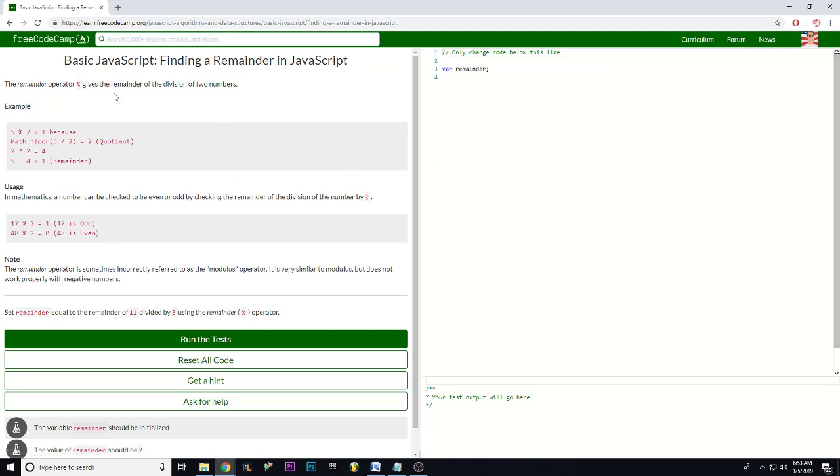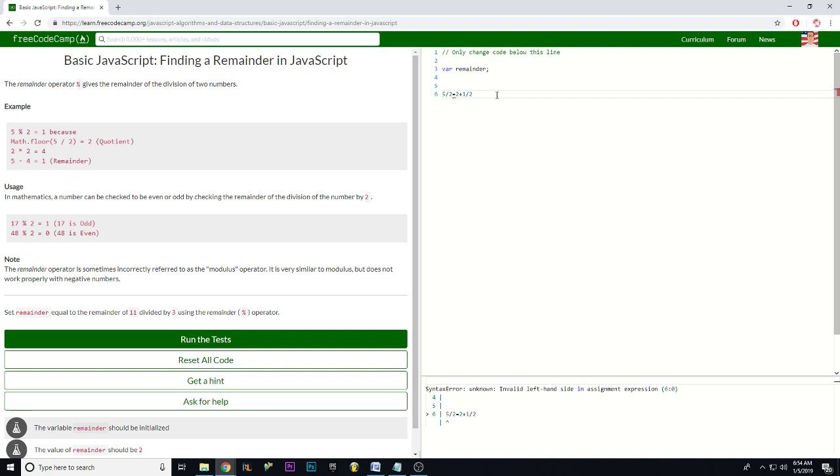So the remainder operator is the percent symbol here. 5 divided by 2 will equal, in fraction notation, if you recall from grade 2, 5 over 2 equals 2 plus 1 over 2.